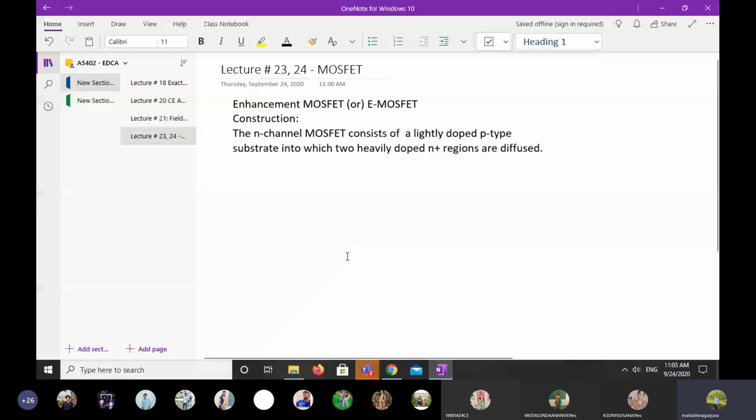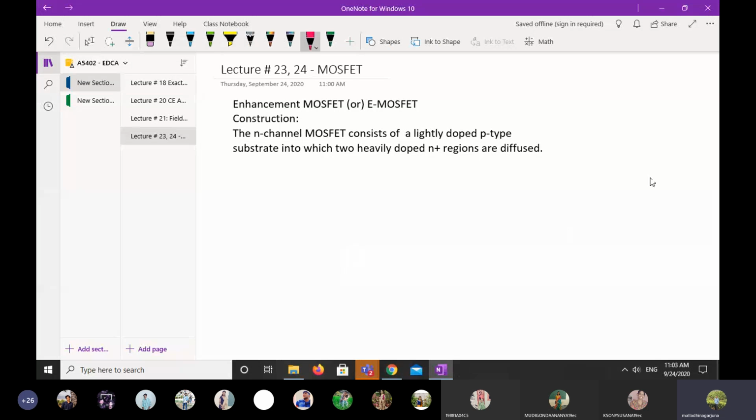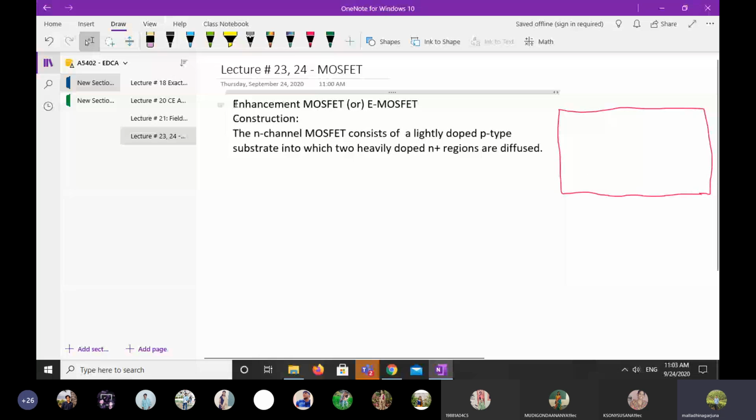So now we are discussing the construction of MOSFET. This is the same as for the depletion type also. Let us take the N channel enhancement MOSFET.